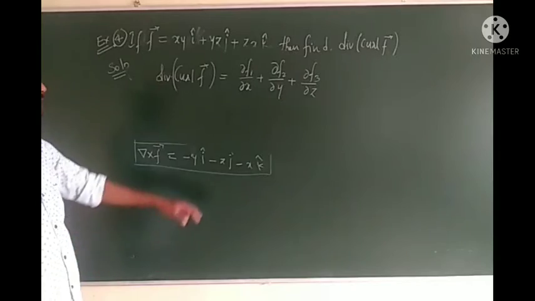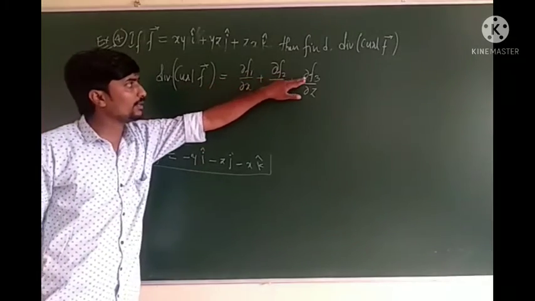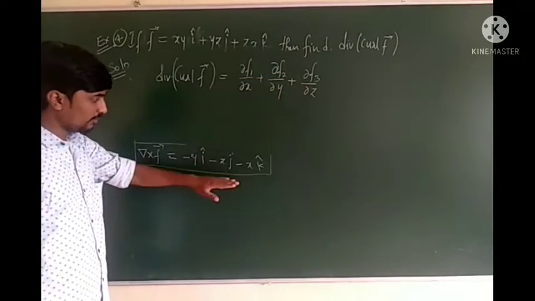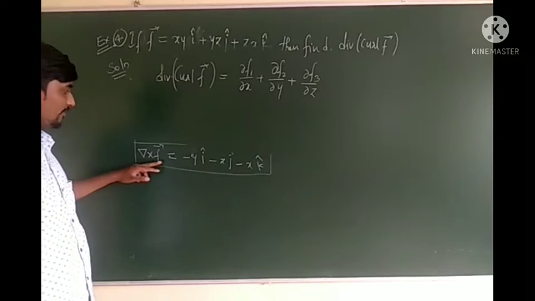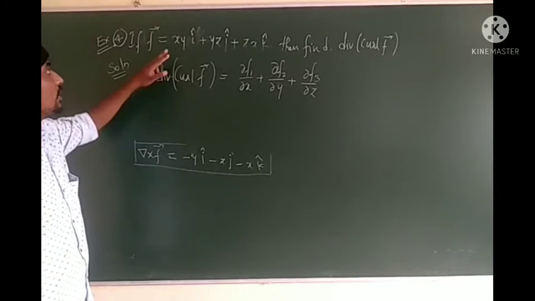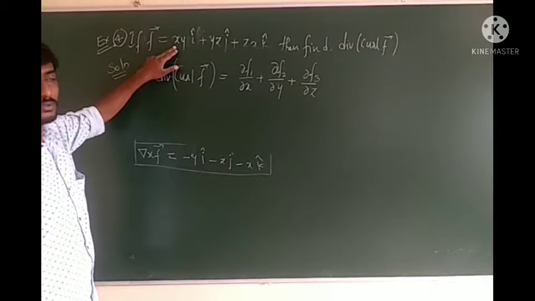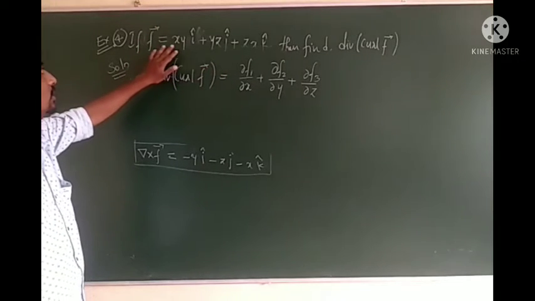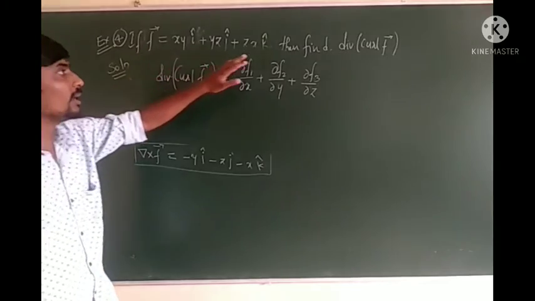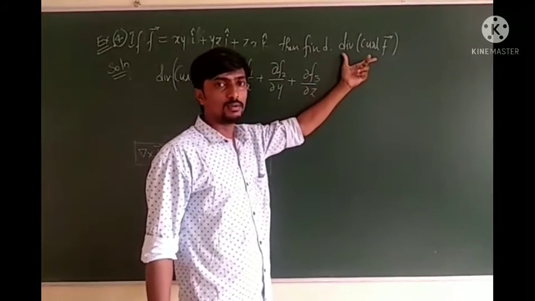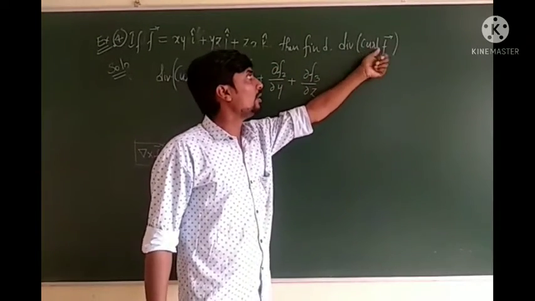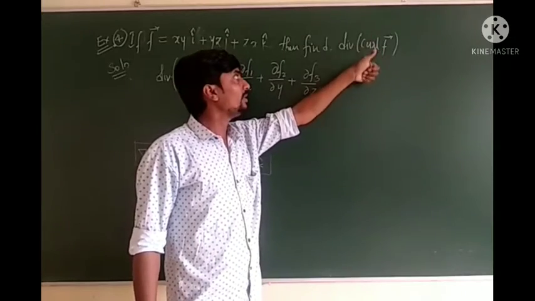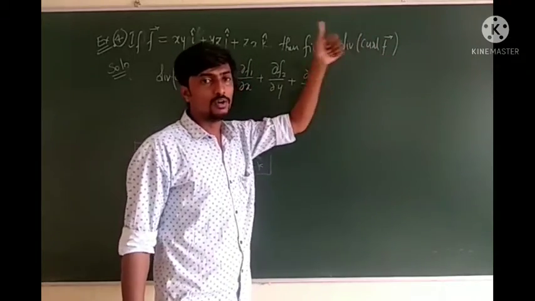Yes. So now f1, f2, f3 we have to take from the value coming out of the curl of f, not from the original function values. They provided the value as a function, but they ask to find this value. So the curl of the vector f, and then we have to operate the divergence on that value.